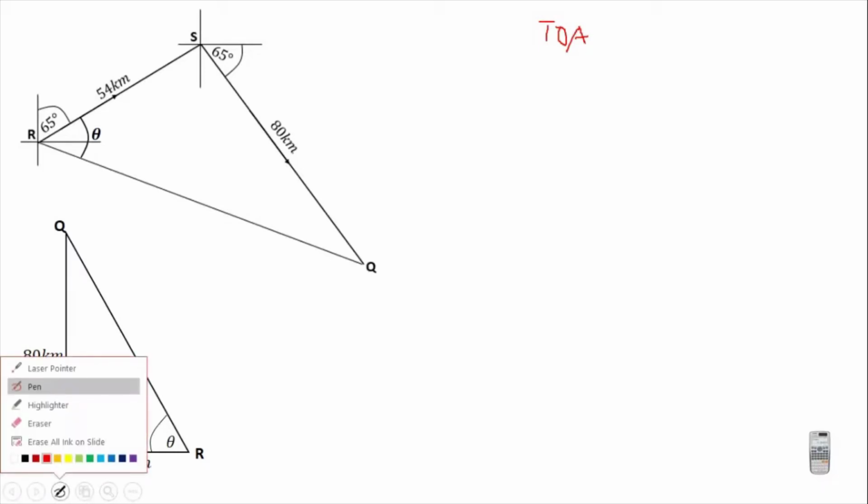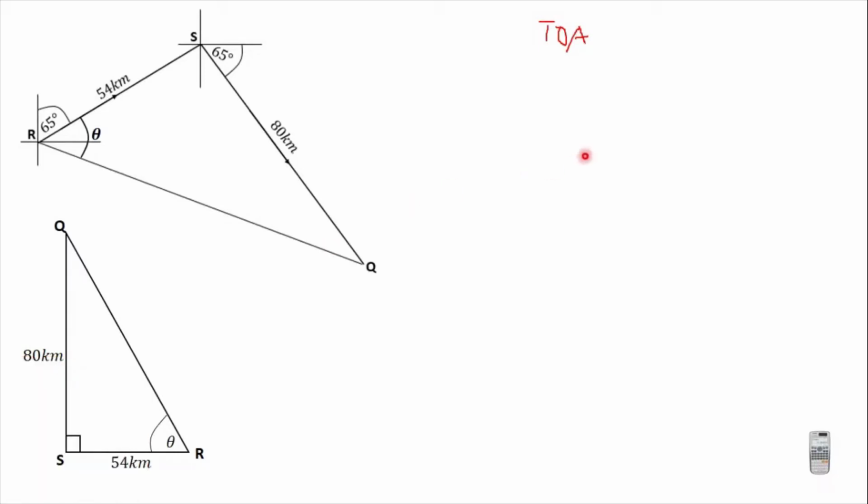So here, to help us find theta, I'm going to use tan. Okay, so as soon as we are able to find theta, we can say that the bearing of port Q from port R will give us 60 degrees plus theta.